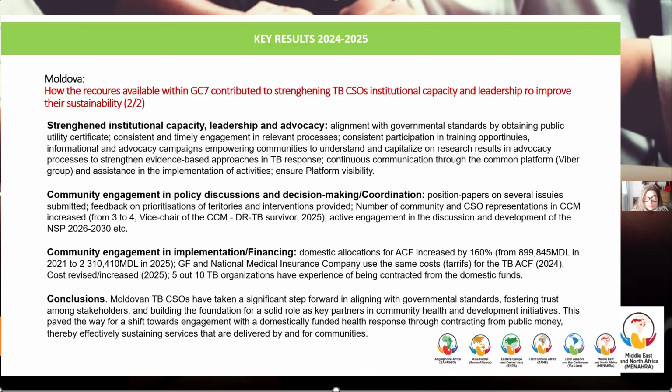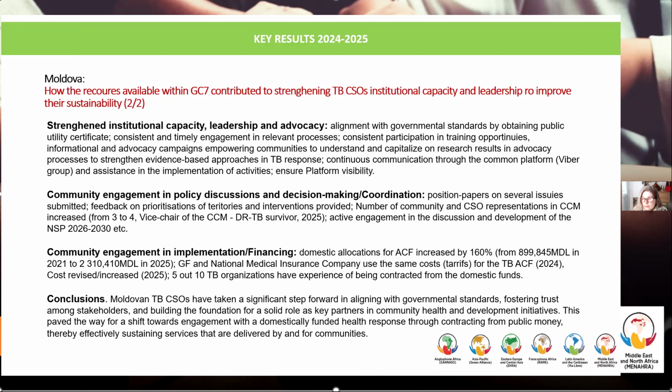Within the support provided within the grant, we have been consistently and timely engaged in different relevant processes. Especially just today, the country has adopted the new national TB response for the next 5 years, which happened with a lot of support and feedback from the communities and civil society. Civil society and communities participated in training opportunities. And this is not only about participating in opportunities supported by the Global Fund.